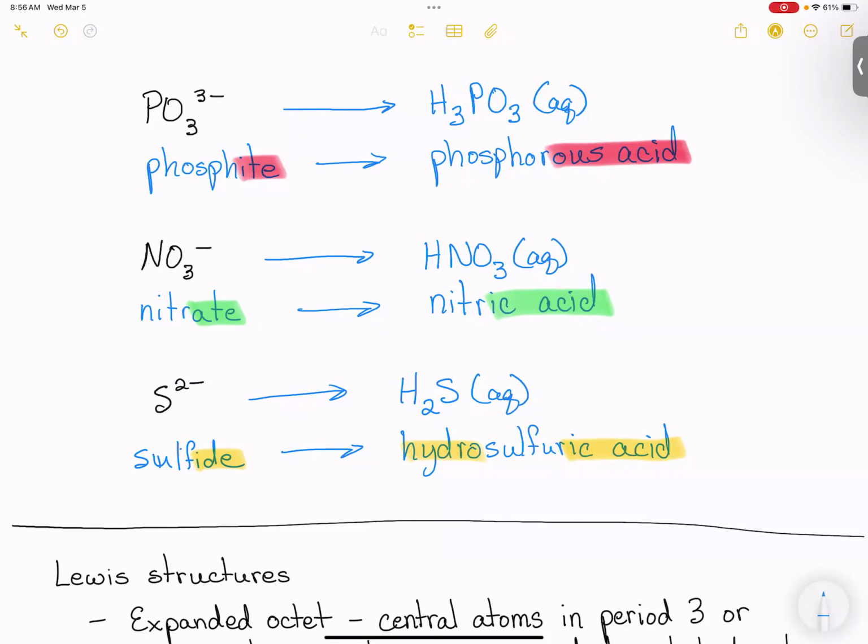By the way, just so you know what the definitions are, a binary acid means bi means two. So we're still talking a 2-element acid. So H2S counts, HCl counts. Those are 2-element acids. Whereas an oxyacid is going to be an acid of a polyatomic ion. So if you ever hear that term, you know what they mean.